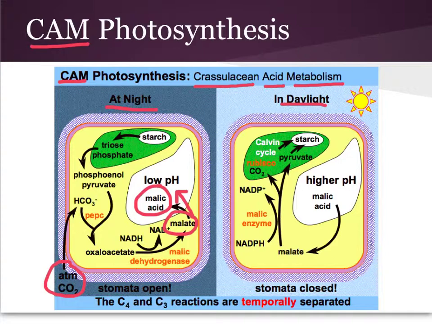As soon as those products are sent into the stroma, the malic acid is converted back into malate, and that malate is converted back into CO2, and the Calvin cycle can take place. So as we can see in CAM photosynthesis, carbon dioxide is taken into the plant at night, stored overnight as a 4-carbon molecule, and is reconverted back into CO2 in the daytime, even though the stomata during the daytime are closed.